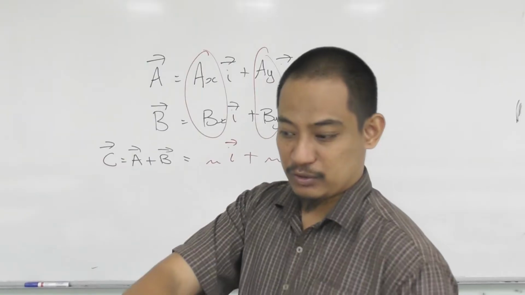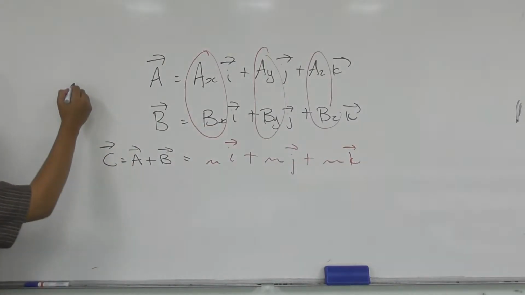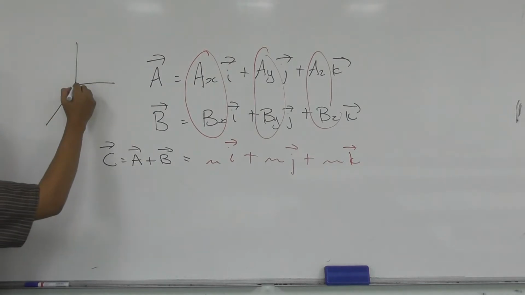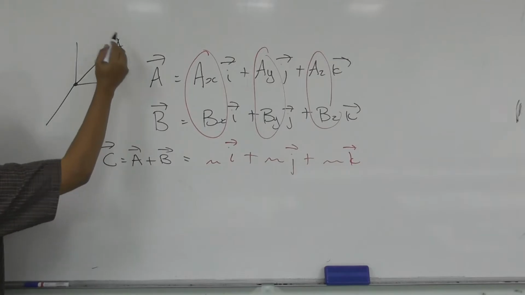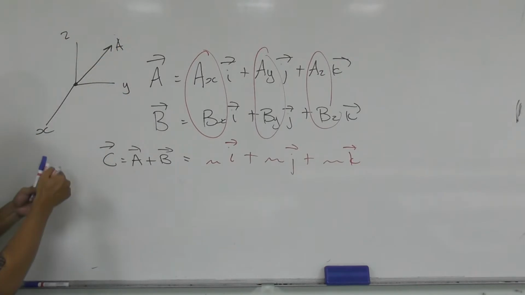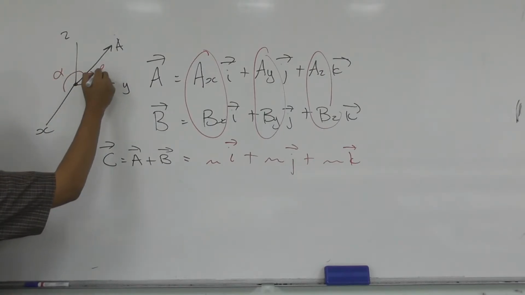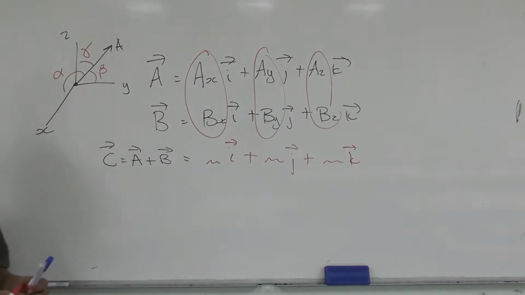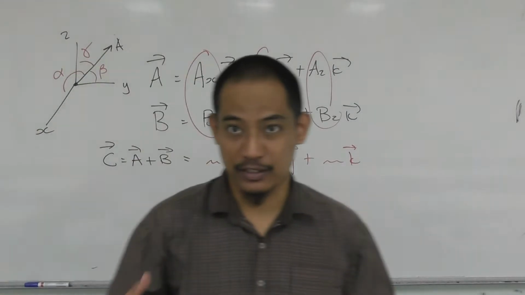What it means by magnitude and coordinate direction angle is basically, if you have something here, let's say F, and you have x, y, z, and you have alpha, beta, and gamma, then that alpha, beta, gamma is what we call the coordinate direction angles.